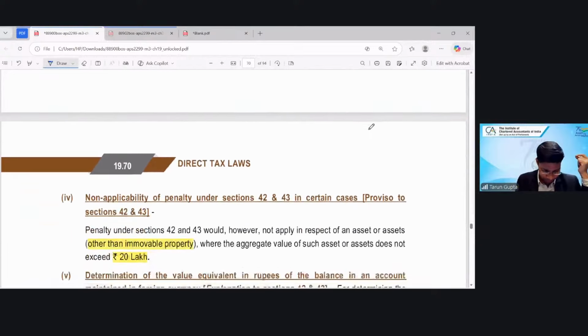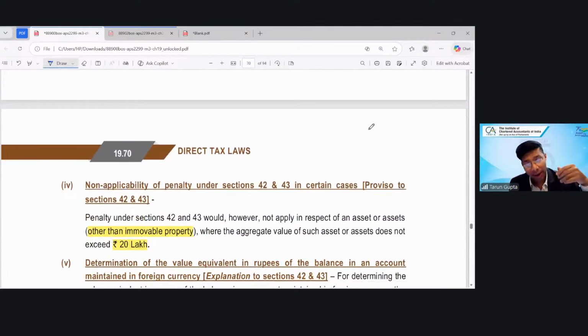So 10 lakh. But this 10 lakh rupees penalty shall not be levied if the amount of foreign asset is up to rupees 20 lakh, except in case of immovable property. So if there is an immovable property outside India for value less than 20 lakh, and you have not reported that immovable property in the Indian income tax return, then there will be a penalty of rupees 10 lakh per year.